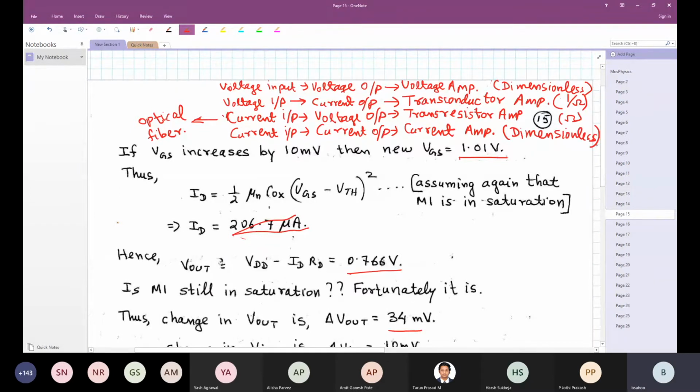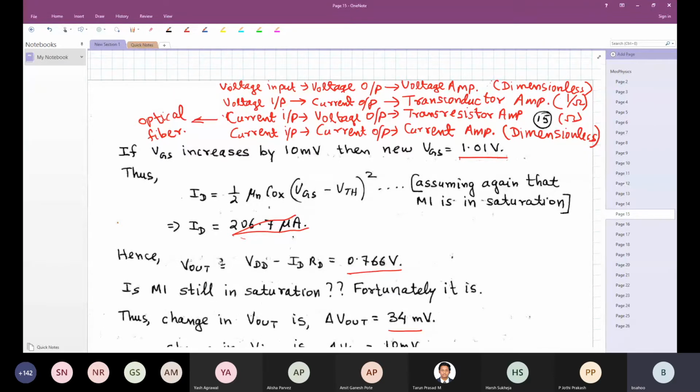Whenever you are solving any problem in the exam, please make sure that your dimensions make sense. If they do not, that means you have done something wrong. So do a dimensional analysis, and if the results are matching, then your result might be correct. Not necessarily that it will be correct, but at least it should be dimensionally correct.